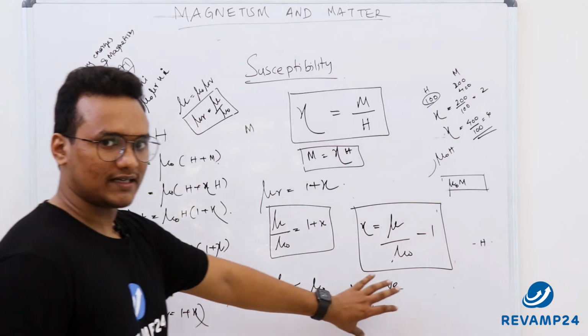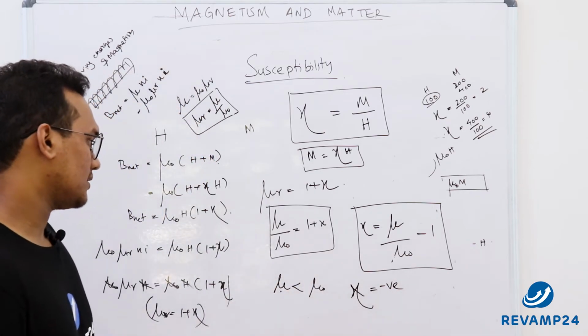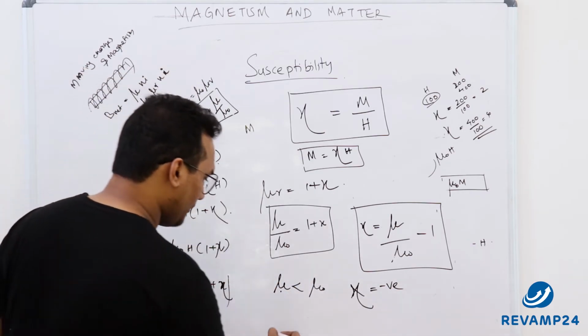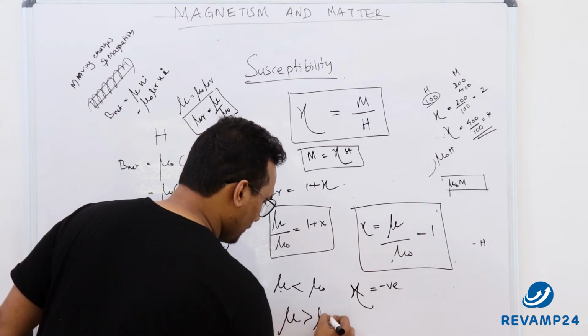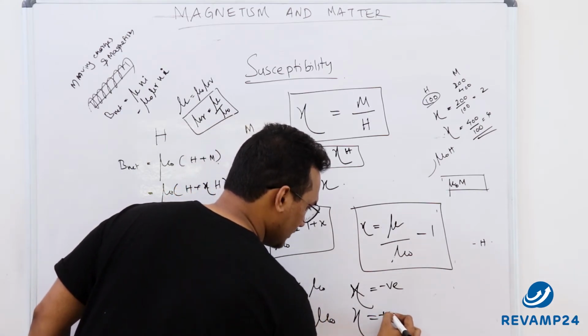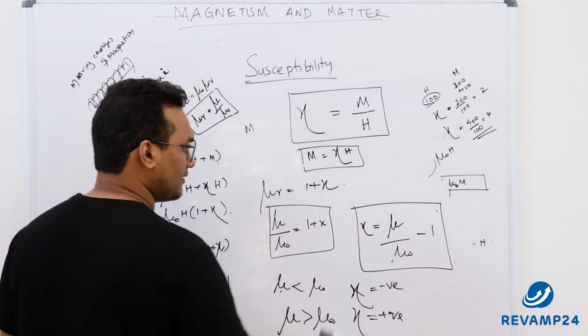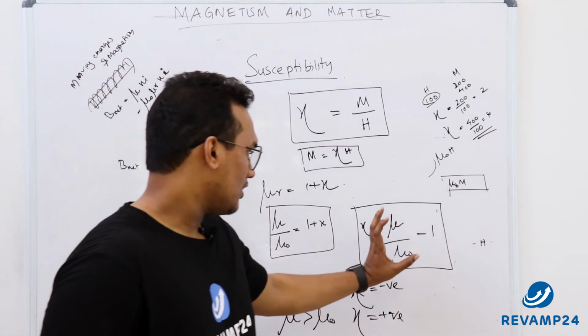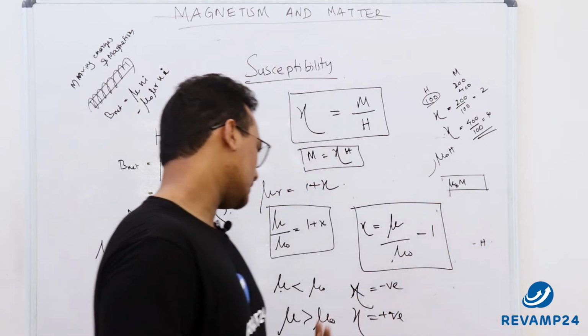I will explain what negative susceptibility means. In the next case, when mu is more than mu0, susceptibility is positive. That is very clear: the ratio is greater than 1, and positive minus 1 will be a positive value.